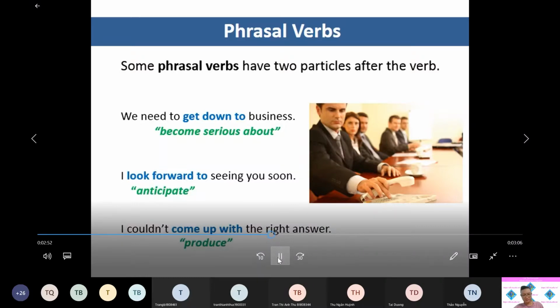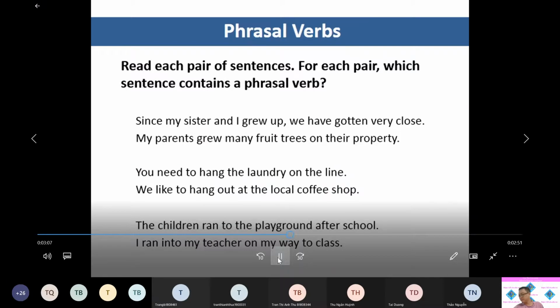We can often use the context of the sentence to help us guess the meaning of a phrasal verb. We can also use a learner's dictionary, which lists phrasal verbs separately with their definitions. Read each pair of sentences. For each pair, which sentence contains a phrasal verb?